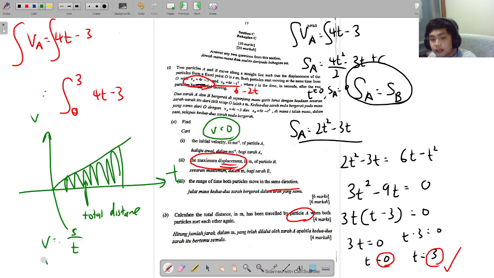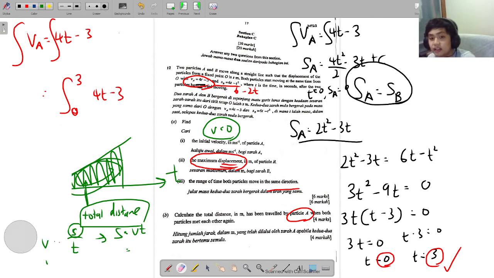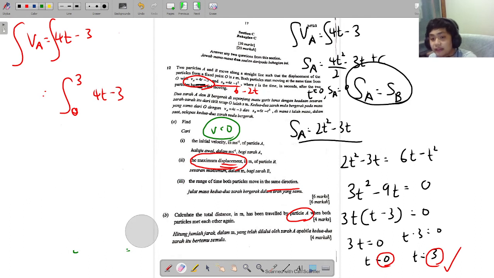If I make displacement the subject, displacement equals V times T, which is basically the area under the curve. So this provides the total distance traveled by that particle within a specific period of time. Integrating makes sense, because integration is the area under the graph.